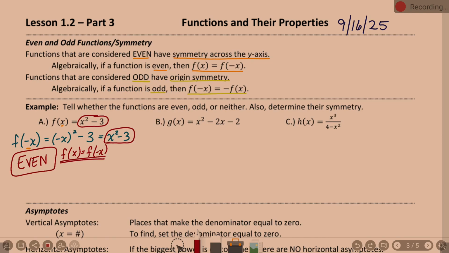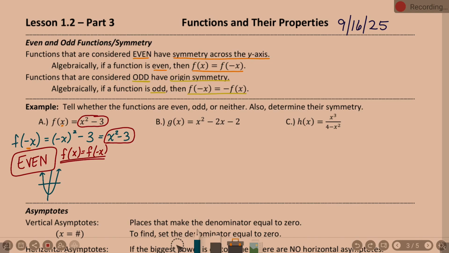Okay? You don't have to continue. If it passes the even test, you're done. You stop there. Now, if you were to graph this on your calculator, what graph are you getting? A parabola, yes? And officially, if you want to be official, it's a parabola that is moved down 3.